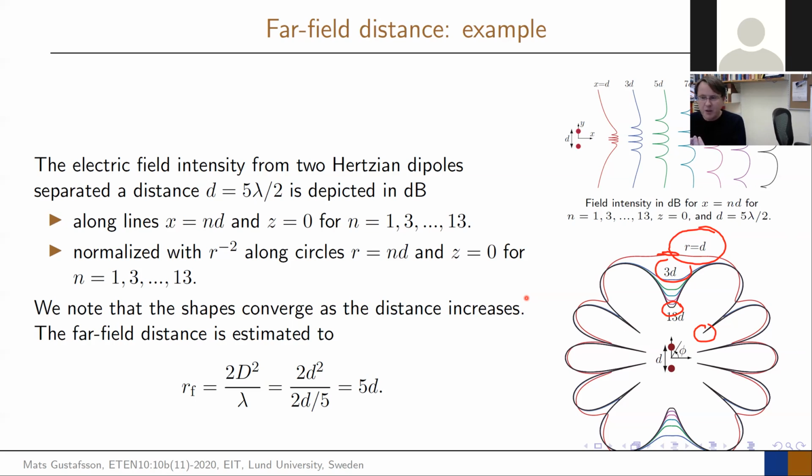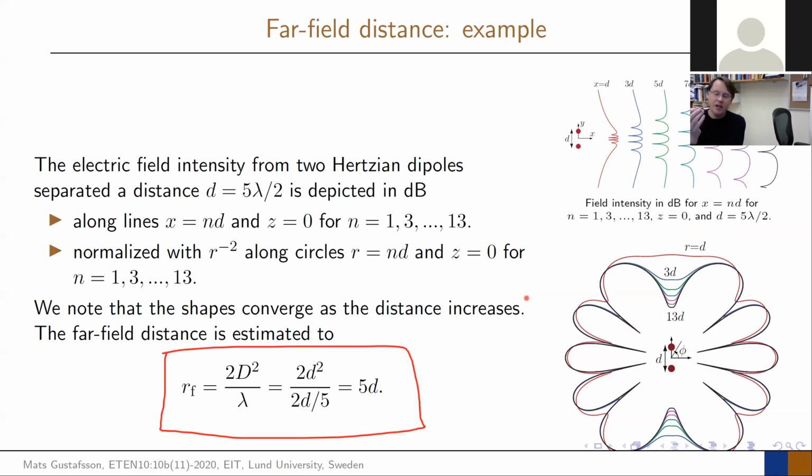And that means that to measure this, I need to be far away because I would like to really get this shape out of it. If I'm too close, I get a somewhat smoothed out version of it. And that is again this distance that comes in. If I look at this and compute the far field distance, in this case it would claim that the far field distance is 5d.